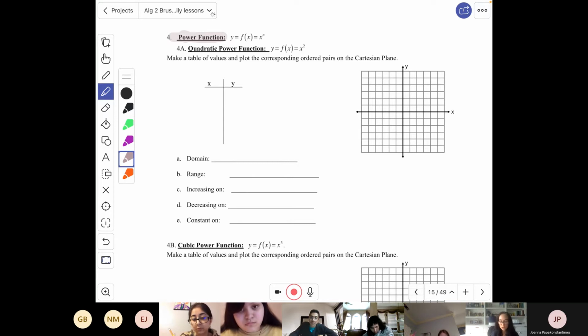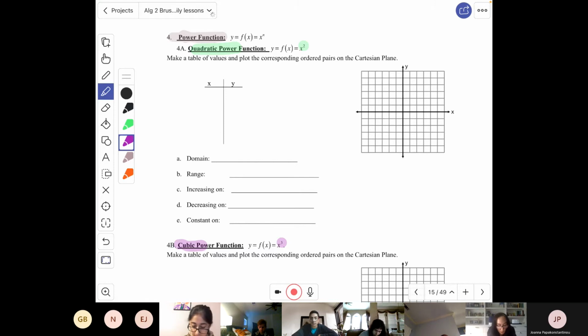We looked at quadratic power functions, when the exponent was 2. We even kind of mentioned cubic power functions when the exponent is 3. Let's talk about what the graphs look like and describe some characterizations: domain, range, increasing, etc.